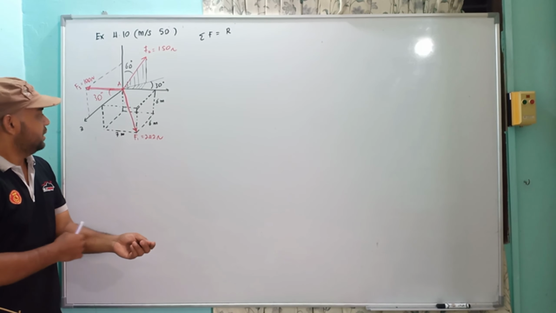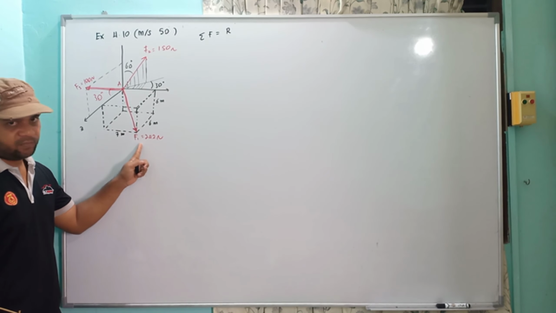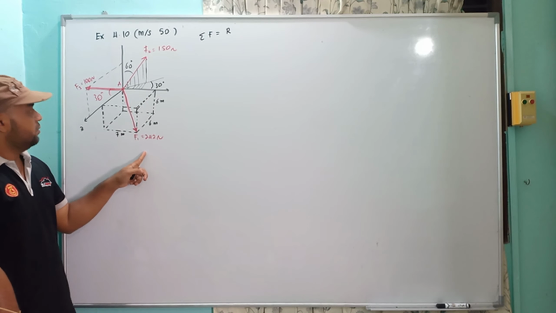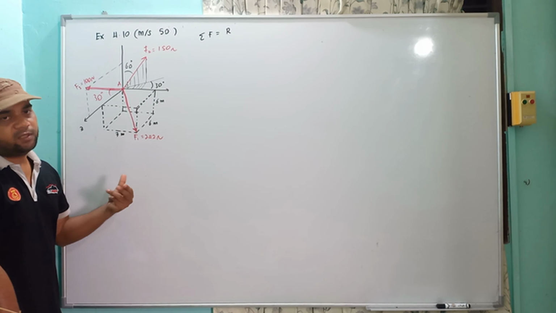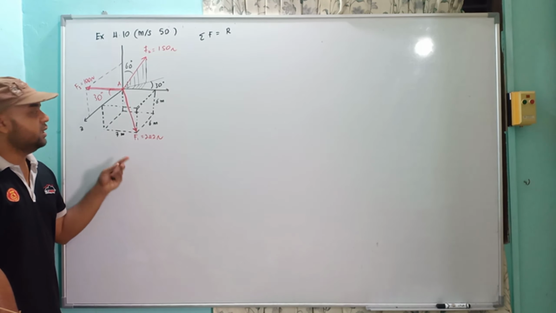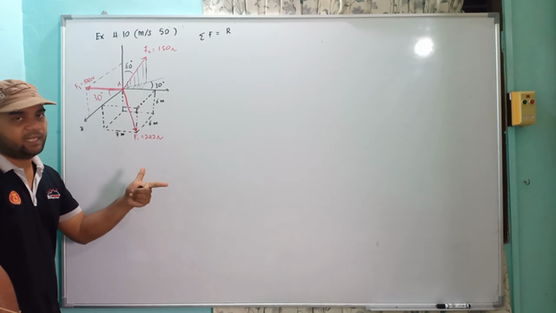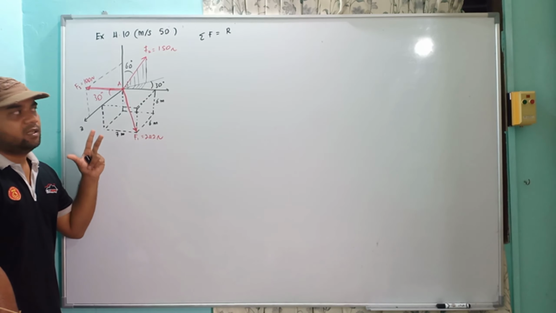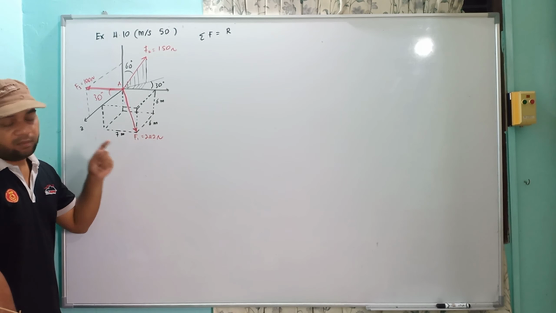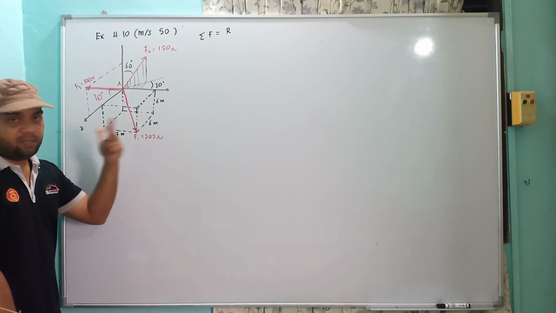So we want to have all forces in terms of I, J, K first. Let's see the first one, F1. We have a 3D force, and then we have several methods: first angle method, second angle method, and coordinate method.